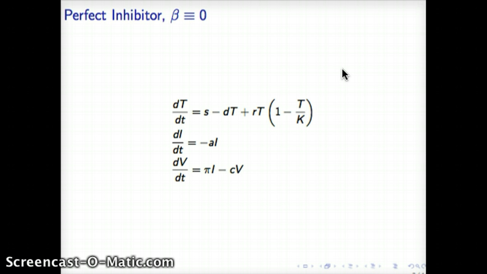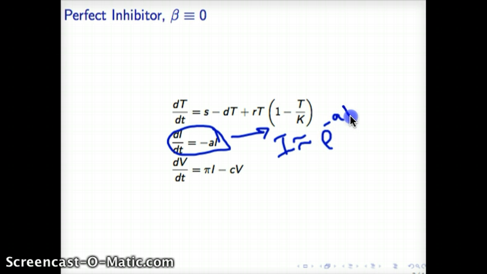In this current state, you can see how the population of infected cells is linear in I, and you can right away tell that it would have a solution that looks like an exponential, e to the minus a t.